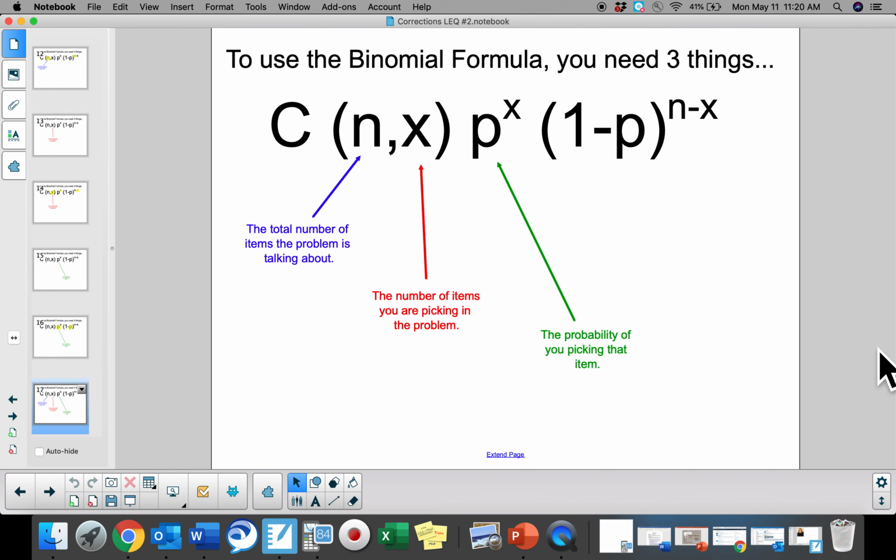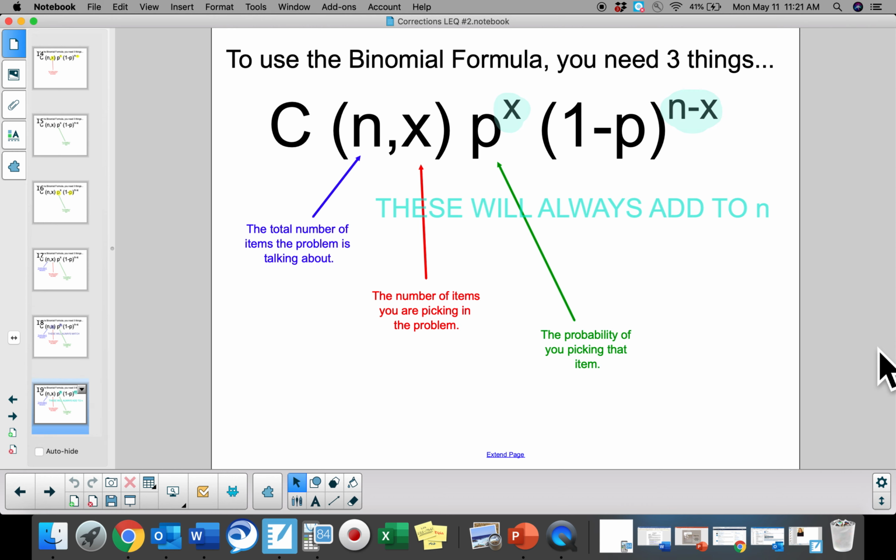Putting it all together, there are some things to note. Those two numbers right there will always match. Whatever X you are putting in the first spot, you will put the exact same number above the P. They'll always match.